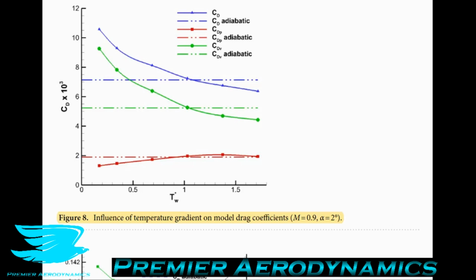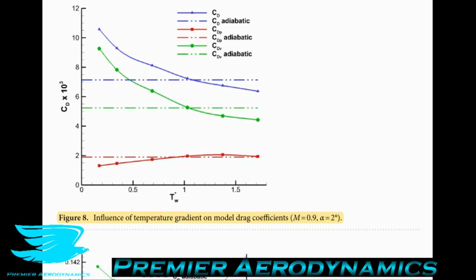So to give you an idea, the total drag when the temperature of the wall is the same as the free stream is 0.0072. The pressure drag makes up about 25% of that, and the friction drag makes up the other 75%.